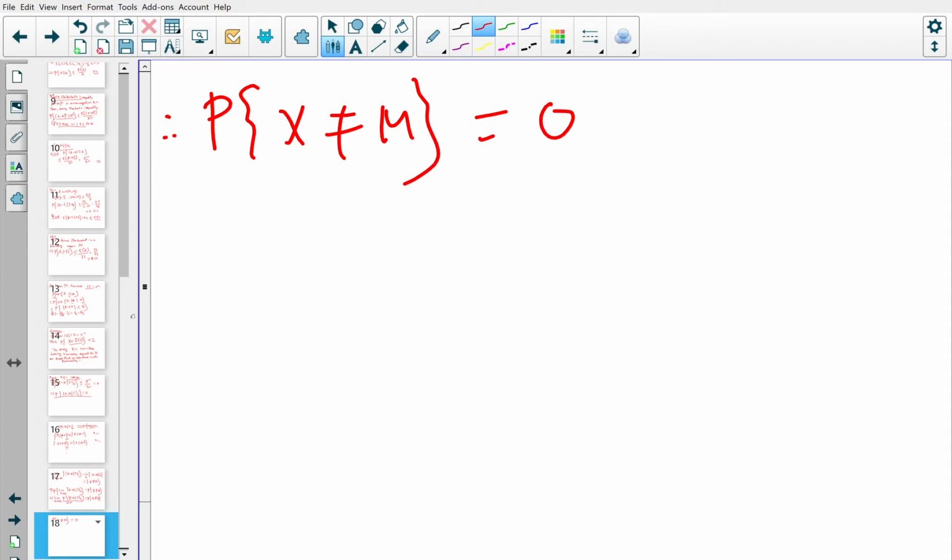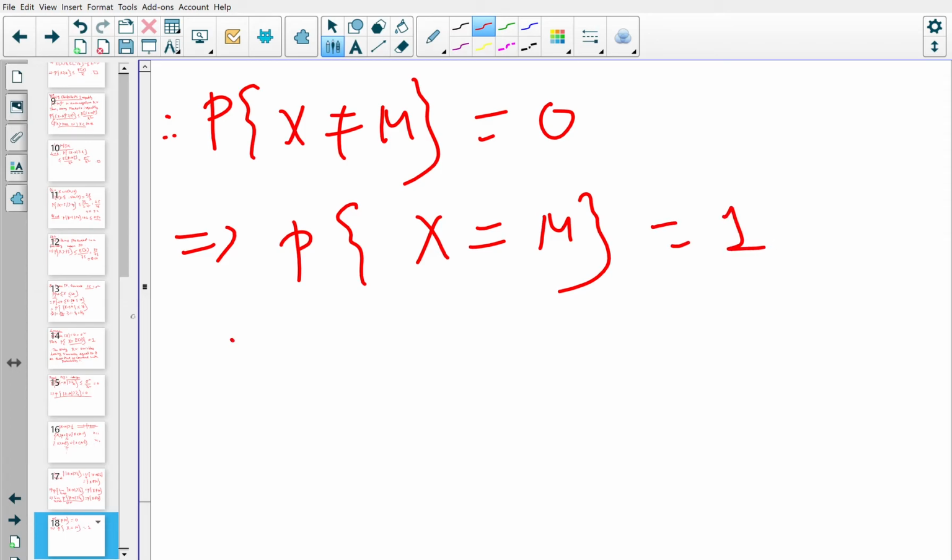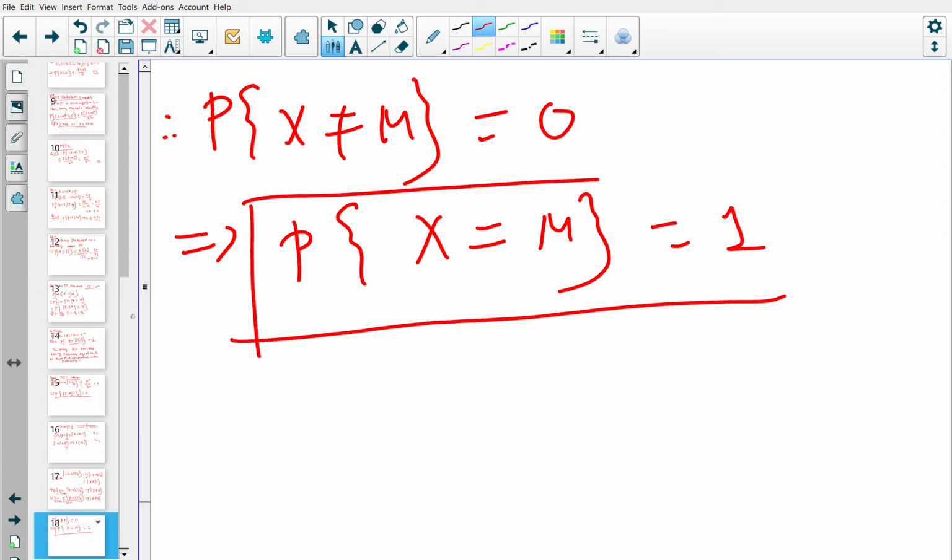And if x not equal to mu has probability 0, then this implies that the probability that x equal to mu is the full probability, since this is the complementary event, right? So what does that mean? This implies that if a random variable has variance 0, then it must be a constant random variable. Okay, clear? So this is an important observation.